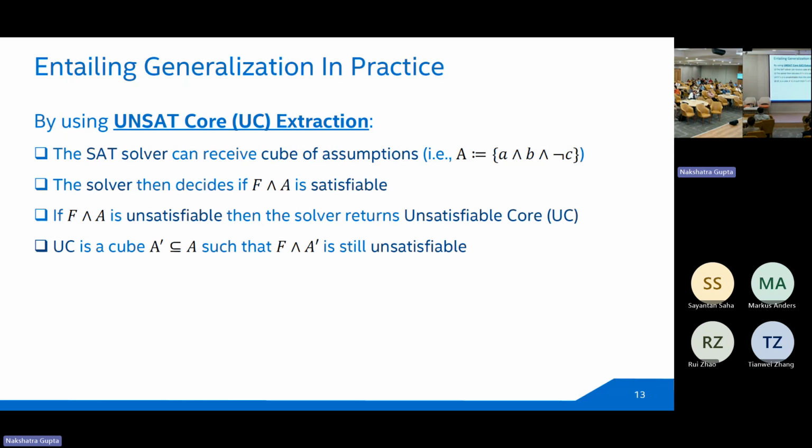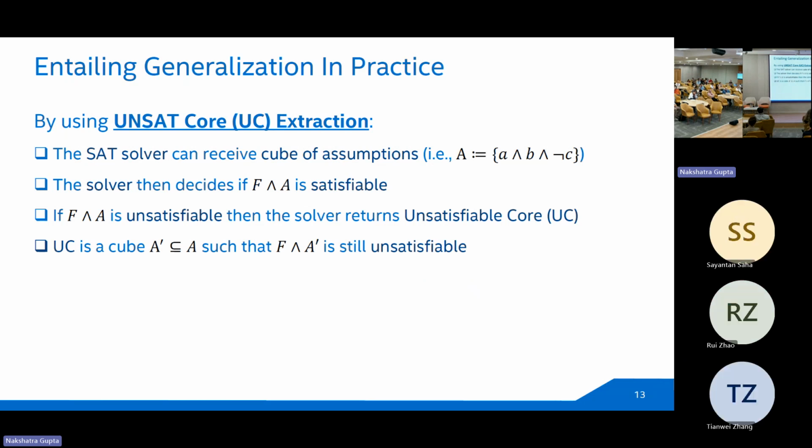If it's satisfiable, then it will return us a solution where the assumptions hold. If it is not satisfiable, it can return us an unsatisfiable core. So an unsatisfiable core is a cube which is the same or smaller than my original cube of assumptions, such that the formula under this cube is unsatisfiable. And now let's see how we can use that to generalize.